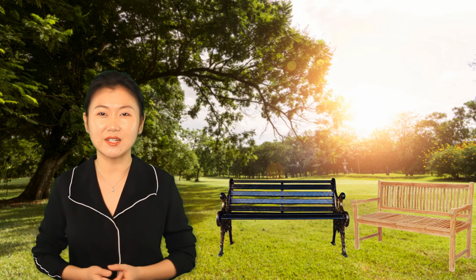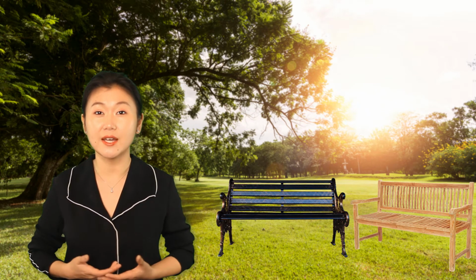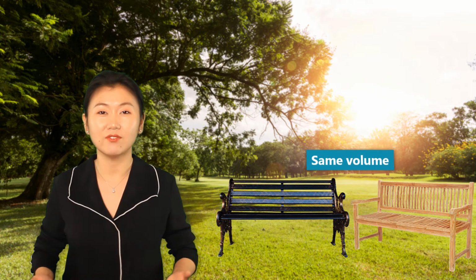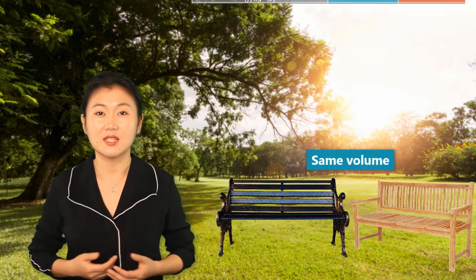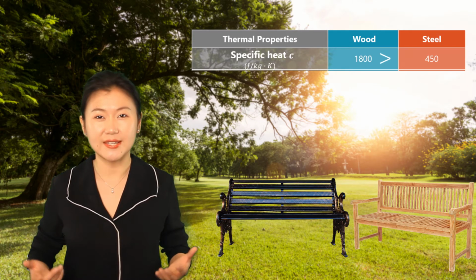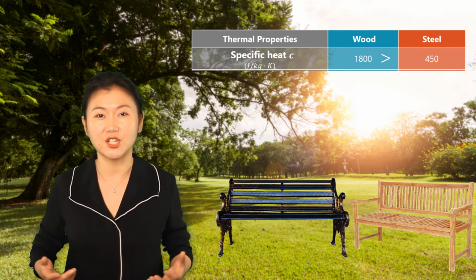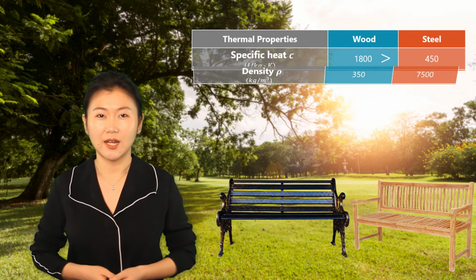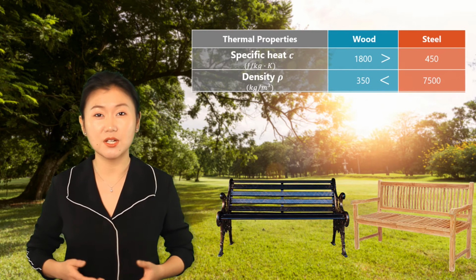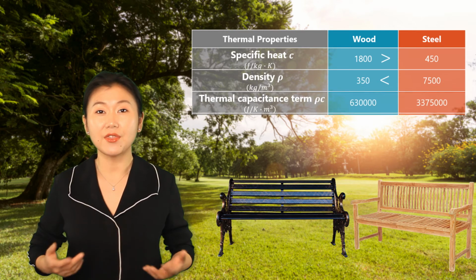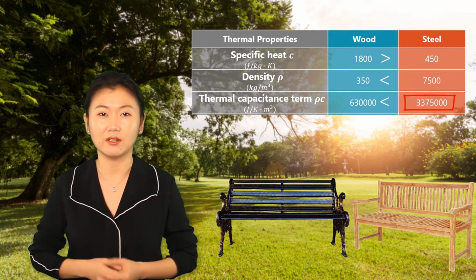Here we assume that the wood bench and steel bench are designed to be the same, that is, the volumes are the same. The specific heat of wood is larger than steel material, meaning that for same mass, wood needs more energy to raise the temperature. However, the density of steel is much larger than wood, making the thermal capacitance of steel much higher.